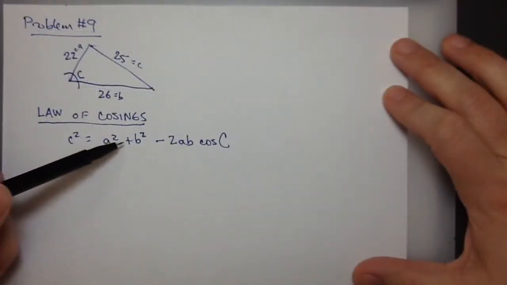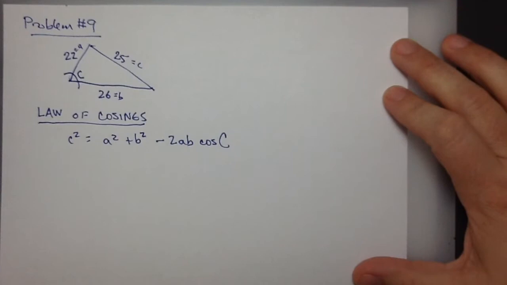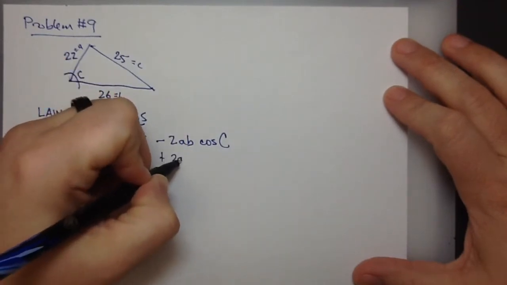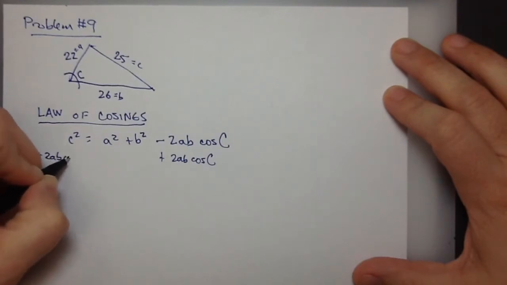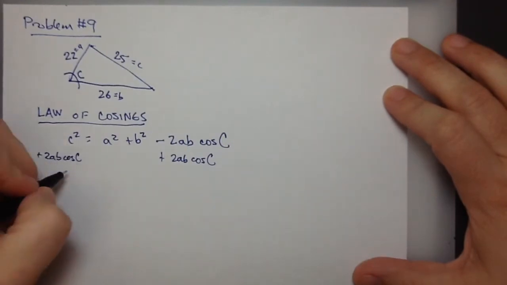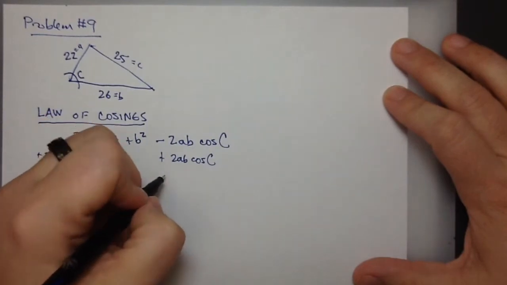We can rearrange this before we start plugging in numbers. So I'm going to add 2ab cos C to both sides, and I'm going to subtract c squared.